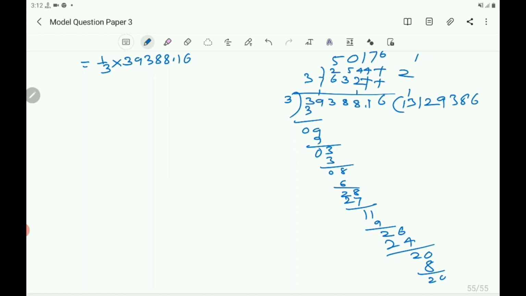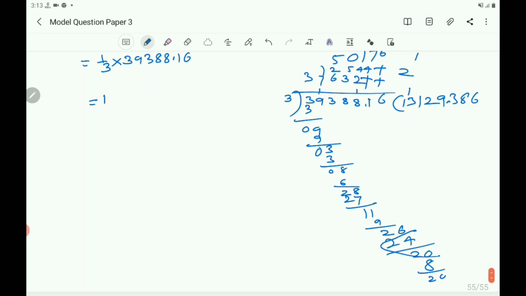So you can write here you will get 13129. Here we have taken up to 6 only, after that point we have to put, that you will get 13129.386, 6 is recurring.